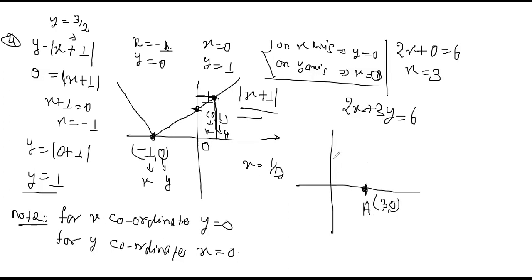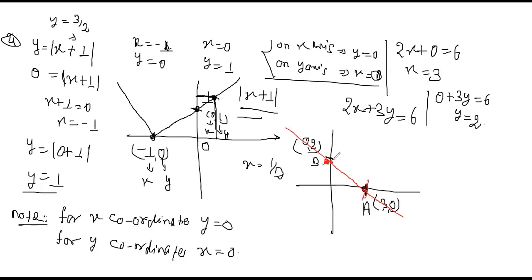If you want a point on the y-axis, it means you have to put x equal to 0. 0 plus 3y equal to 6, so y equal to 2. It means its point is 0, 2. Plot the graph, and this line will be this. So this is the y coordinate, this is the x coordinate.